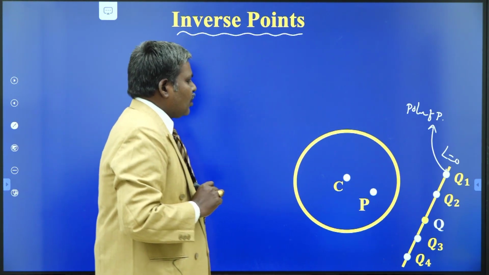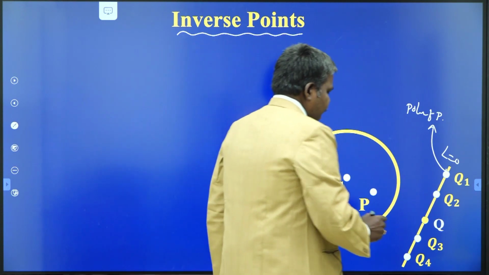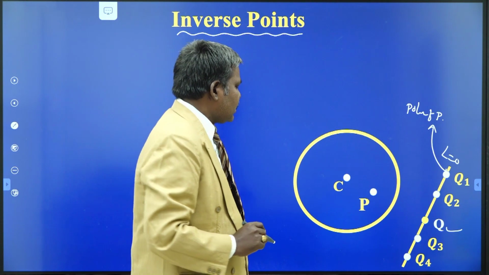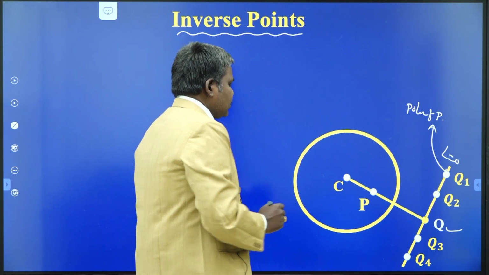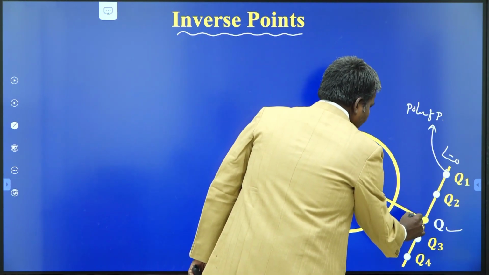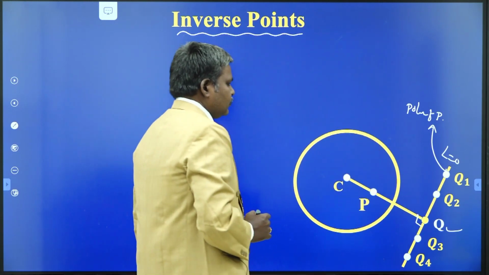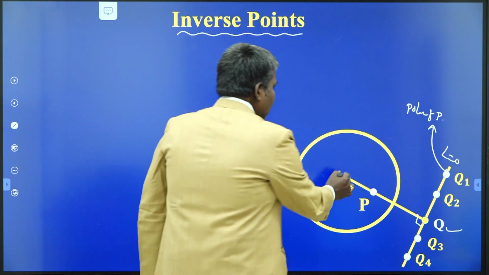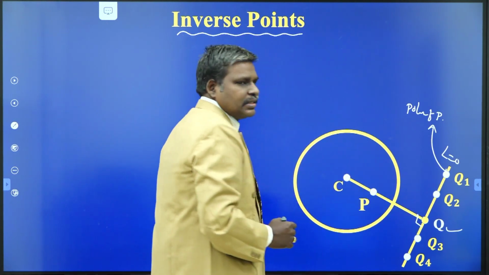Okay, can you observe any speciality of this Q? Dears, is there any speciality of that Q? Yes, if you join CP, that will be perpendicular to this line. That means C, P, Q are collinear in this case.